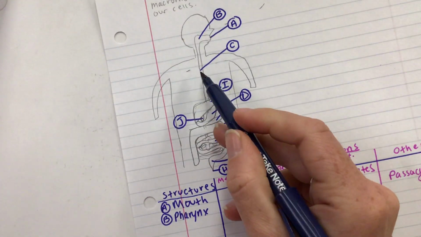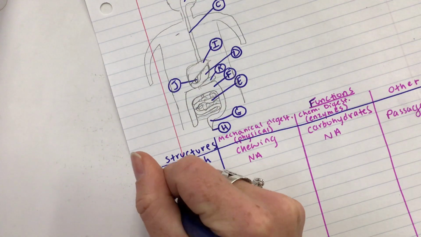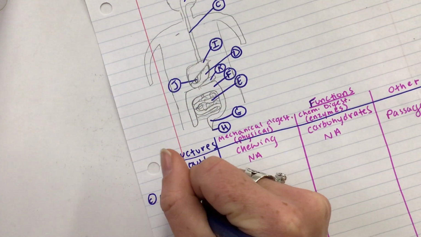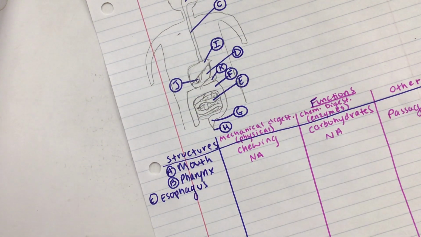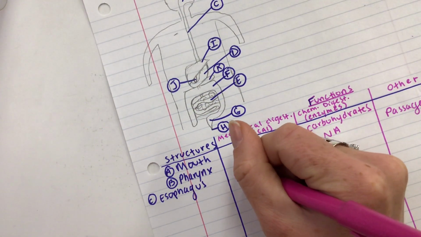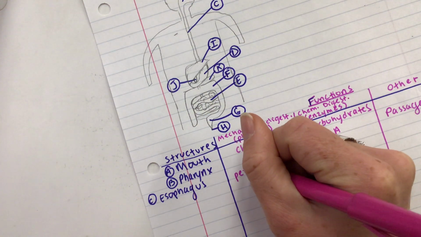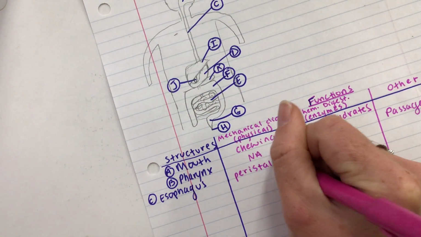Letter C, we have the esophagus. The esophagus performs mechanical digestion in a form called peristalsis.